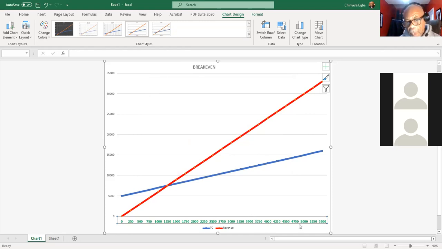Now it's easy to understand what we're doing, but now we can solve it mathematically. The mathematical formula is what I'm going to try to illustrate.